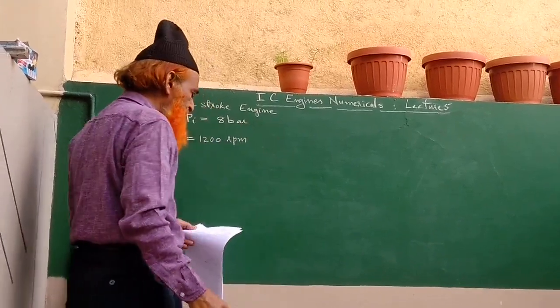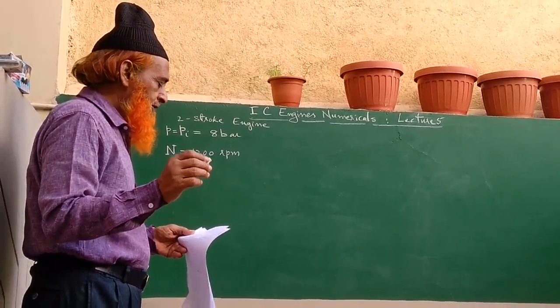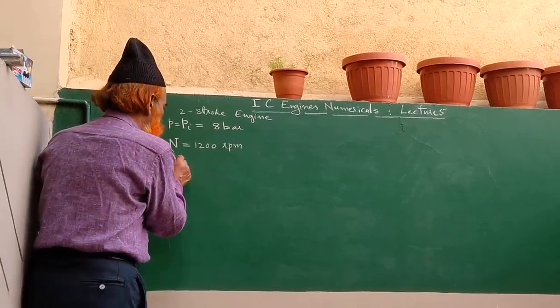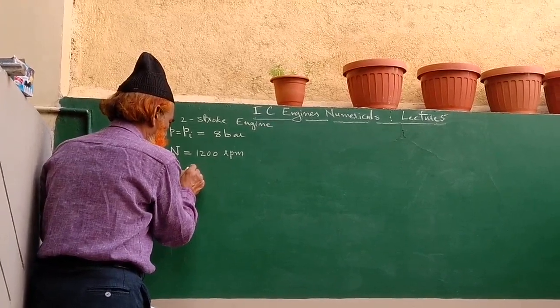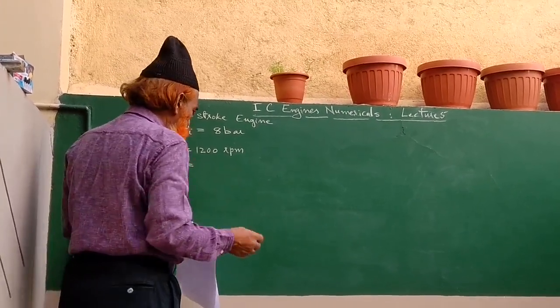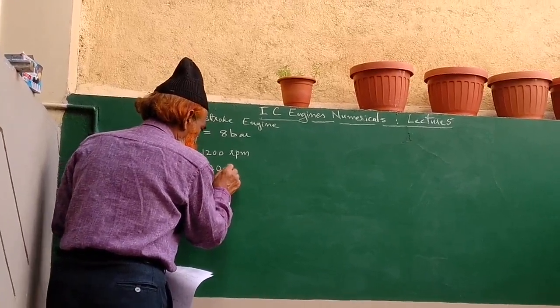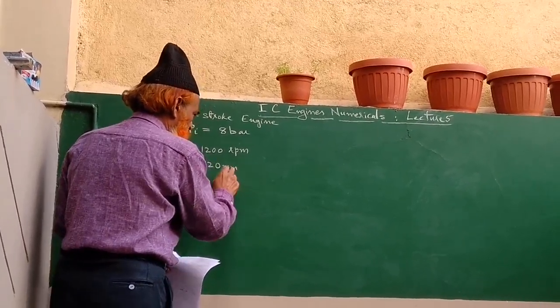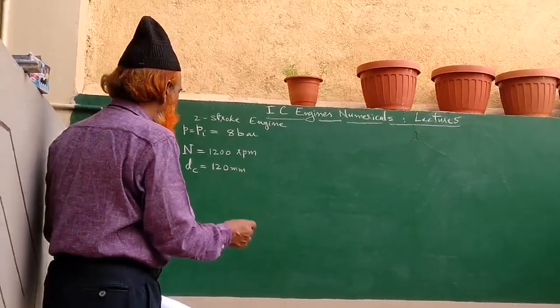Okay. Then the bore dia and the stroke. Bore dia we have taken the notation as D. Bore dia is 120 mm. And stroke is 160 mm.